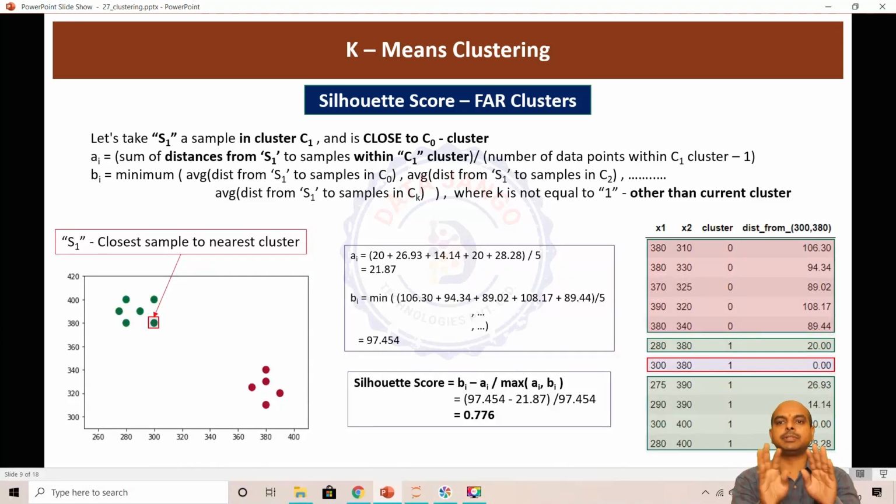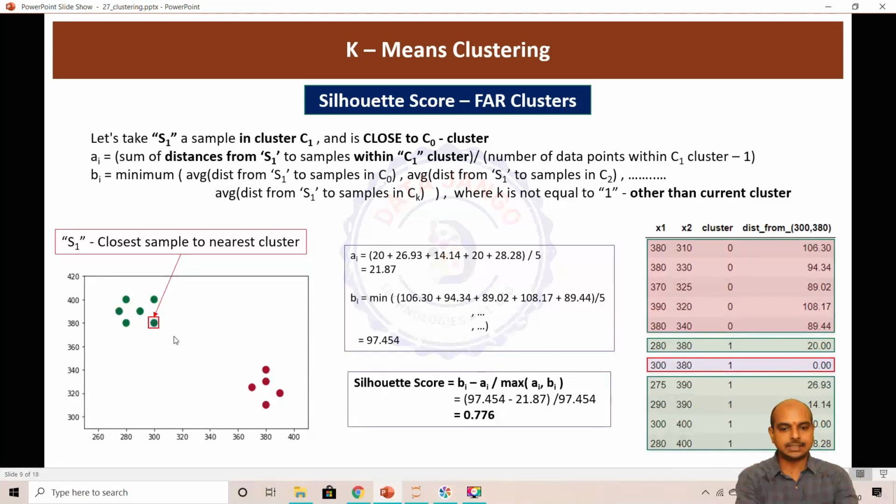We are taking the difference between those two and normalizing it with the maximum of ai and bi. When you normalize it, the score comes between -1 and +1. If you don't normalize, the number can be any number between -infinity and +infinity. So when you normalize, the score comes between -1 and +1. So that's how the silhouette score is calculated.